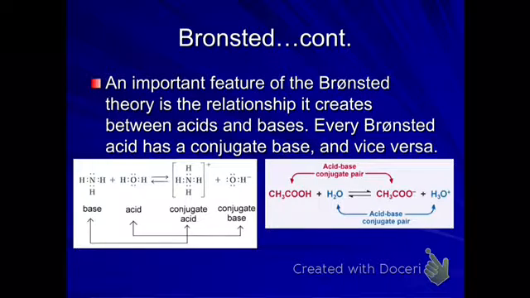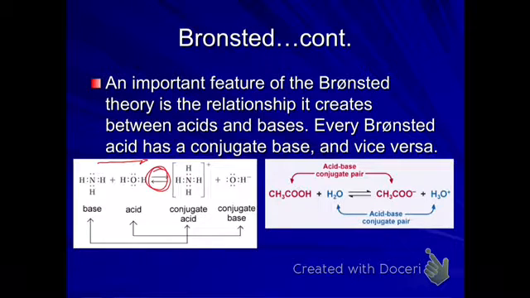Okay? So an important feature of the Bronsted-Lowry is this relationship between those acids and their conjugate bases and vice versa. Ammonia has a tendency to be weak. It's not a very strong base. It's not one of the stronger bases. And so with this equilibrium sign, you're going to need to start thinking about the reverse reaction going on. You remember this from kinetics: the push from the forward reaction versus the reverse reaction.